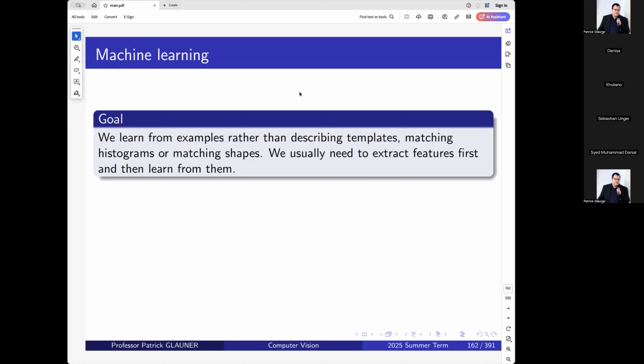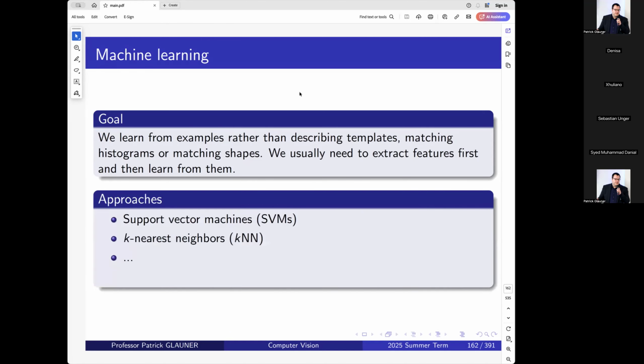But what we need to do in machine learning is, we have lots of machine learning algorithms available, for example, for classification. We can use for classification lots of different algorithms like support vector machines, k-nearest neighbors, tree-based models, Bayesian models.